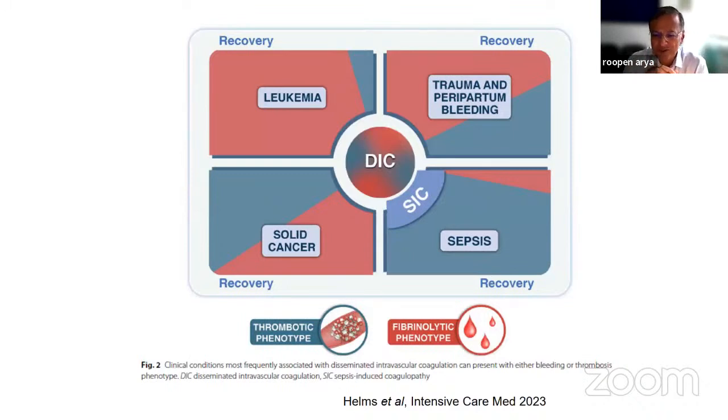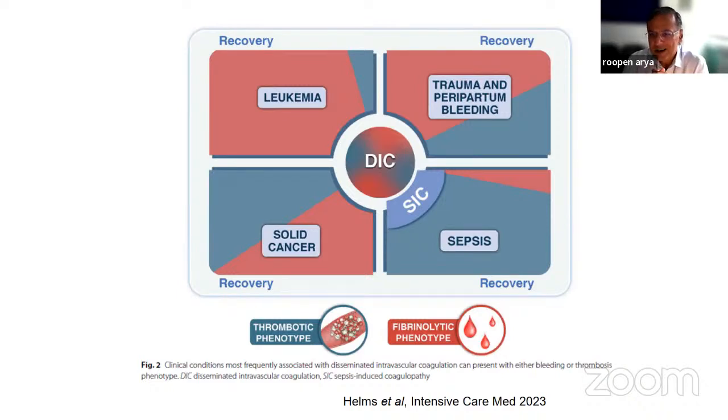And again, there's an emphasis on DIC with two main clinical phenotypes, one with more of an emphasis on bleeding, and the other with more of an emphasis on thrombosis. And again, this is a nice figure, showing that, for example, in cancer patients, both thrombosis and fibrinolysis can be a problem.